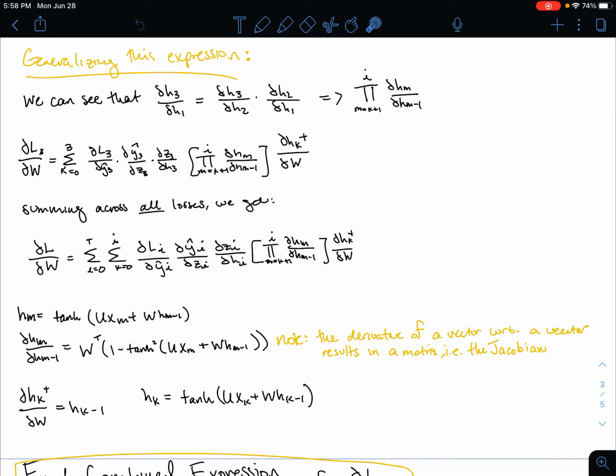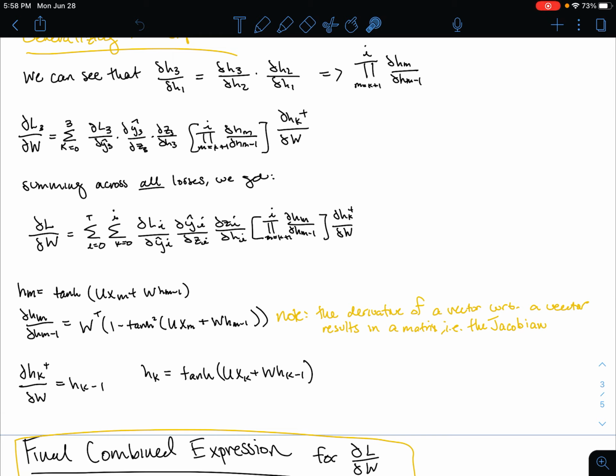Actually, this is the whole derivative. But you'll note that this is actually not just a scalar value, this is a matrix, and that's because we took the derivative of the hidden state, which is a vector, with respect to another vector, so that gives us a matrix, and it's also known as the Jacobian in linear algebra. If you've taken linear algebra, this is kind of the direct application here.